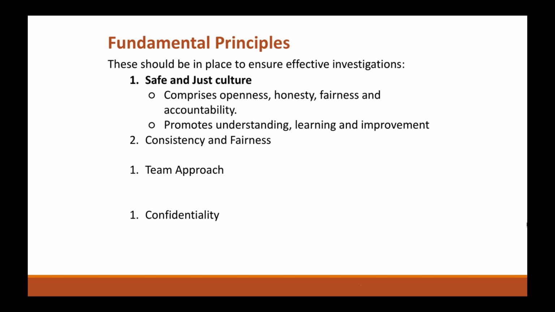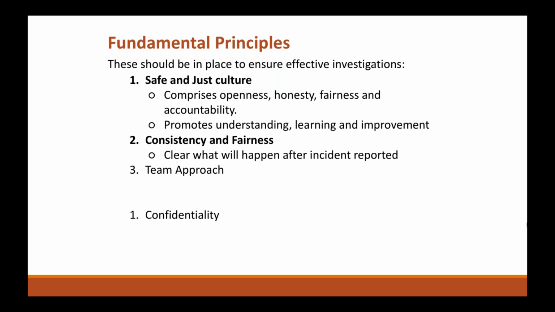So a safe and just culture comprises openness, honesty, fairness, and accountability. Having these in place promotes understanding, learning, and improvement. So staff are clear that the goal of an investigation is to improve things, to improve understanding for everyone's benefit, and it's not a blame game. There needs to be consistency and fairness.